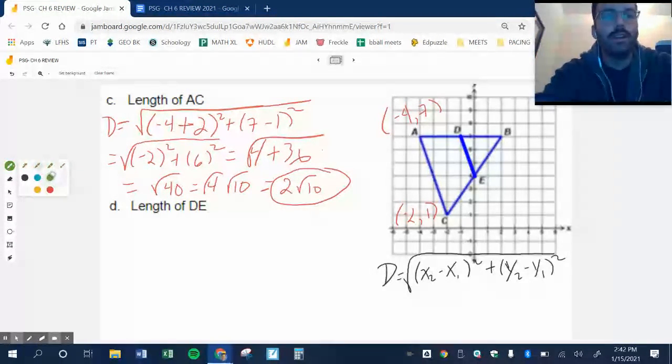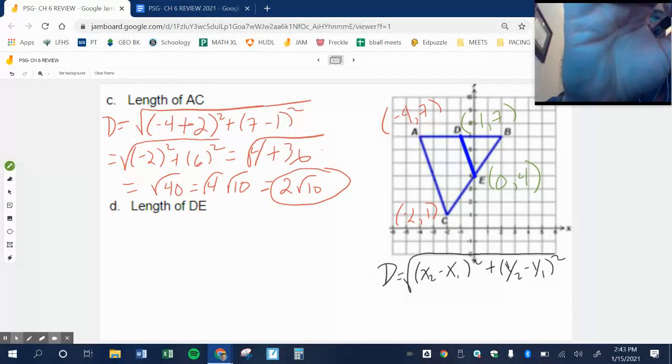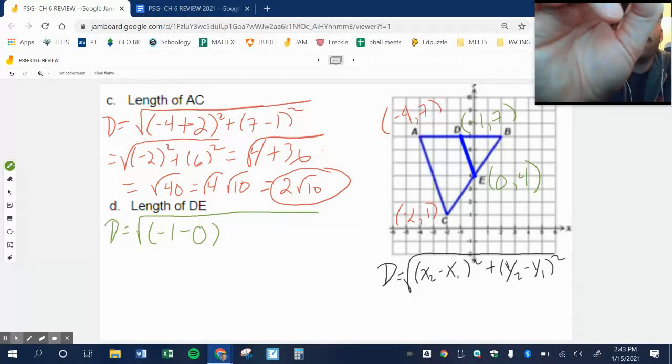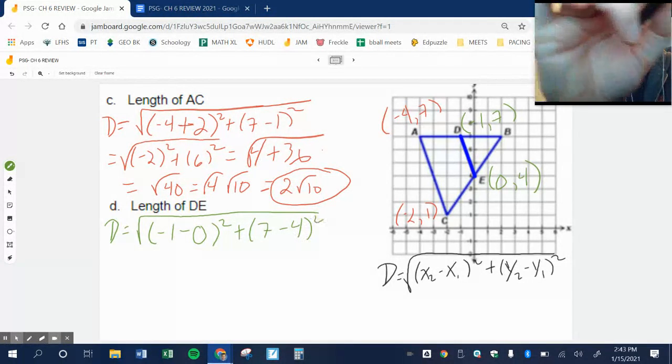DE, I'll do in green here. So D looks like it's negative 1 comma 7. And E looks like it's 0 comma 4. All right, so we'll go D equals square root of x2, which is negative 1, minus 0 x1 squared, plus y2, which is 7, minus 4 squared.